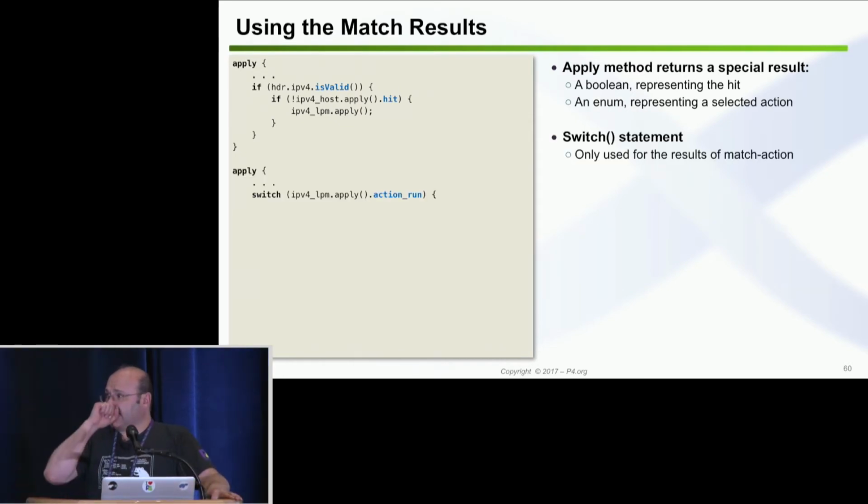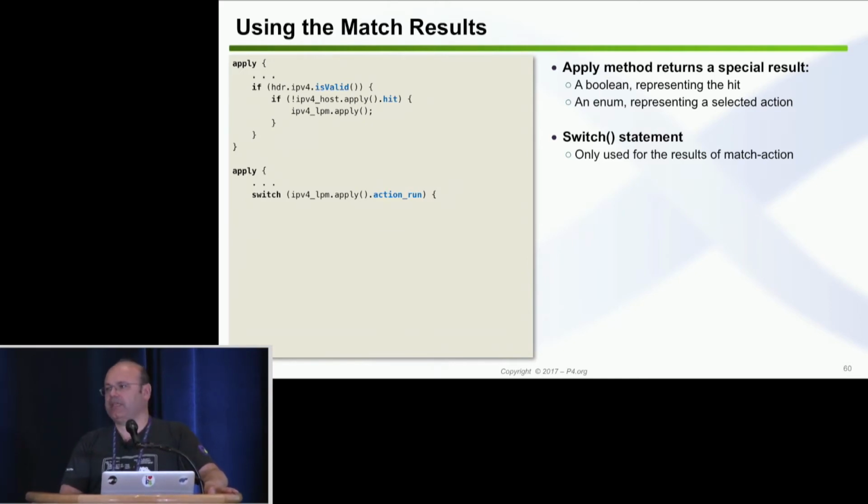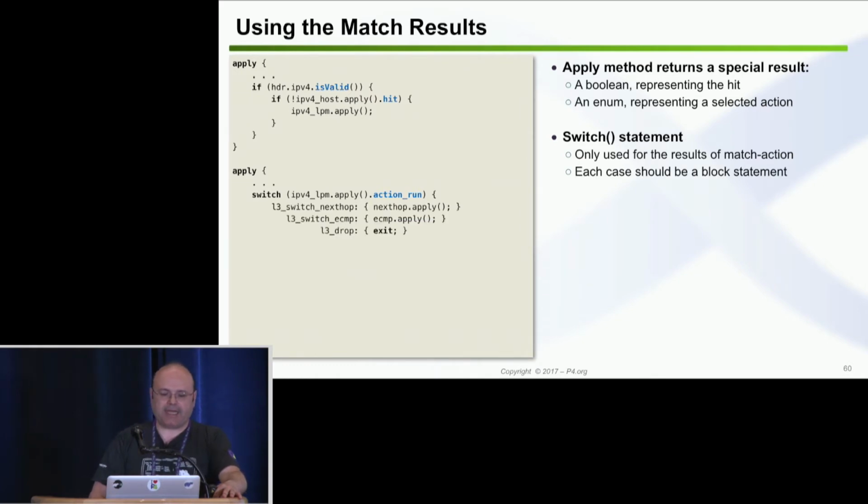Here is the other property of the apply that P4.16 provides, and that's called action run. Action run returns a special enum corresponding to the action that was chosen from the table, be it a default action or an action from an entry. And so here, based on the action that was in the entry of the IPv4 LPM table, I can choose where I go next.